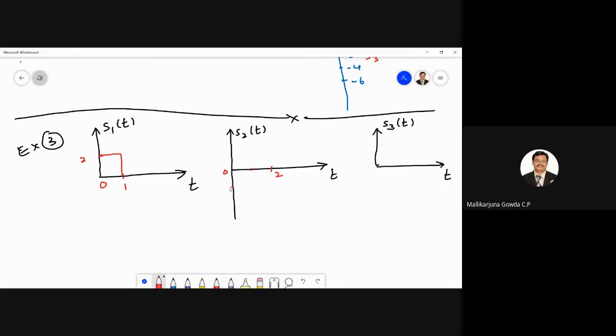So this is -2 and this is -4. So from here, let me write this as -4. Then my S3 of t exists from 0 to 3, with a magnitude of 3.